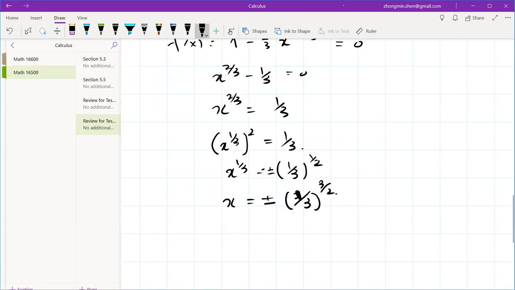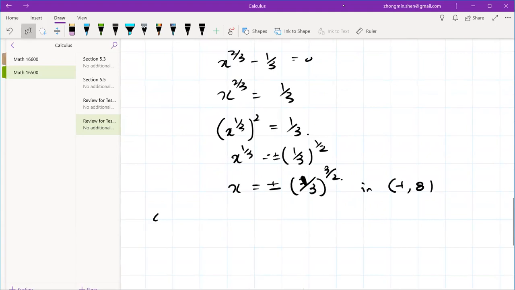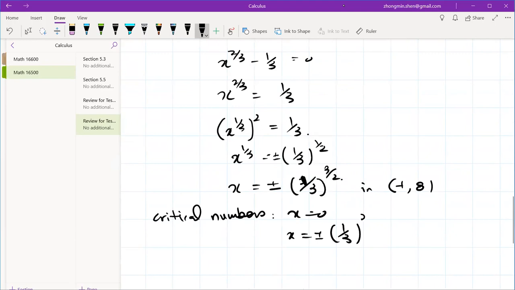These are numbers in the interval between -1 and 8. So you got two critical numbers. So now you have critical numbers x equals 0 and x equals plus or minus 1/3 to the power 3/2.